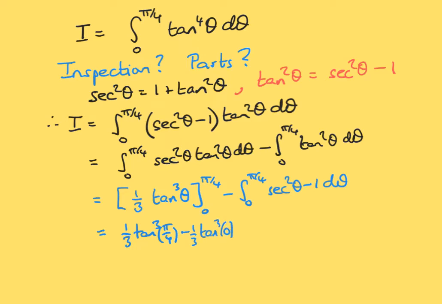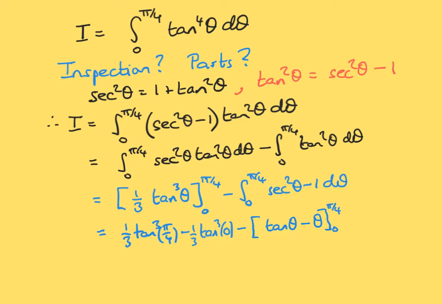And I didn't bother opening a big bracket after the minus sign and writing down the function here at the lower limit because there's just one term. And then we have minus, and the integral of sec squared is tangent because the derivative of tan theta is sec squared theta, minus theta because the derivative of theta is 1, and that's between 0 and pi over 4.